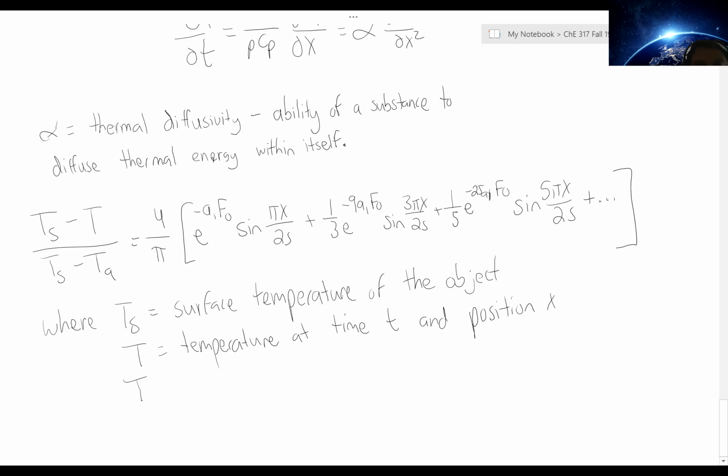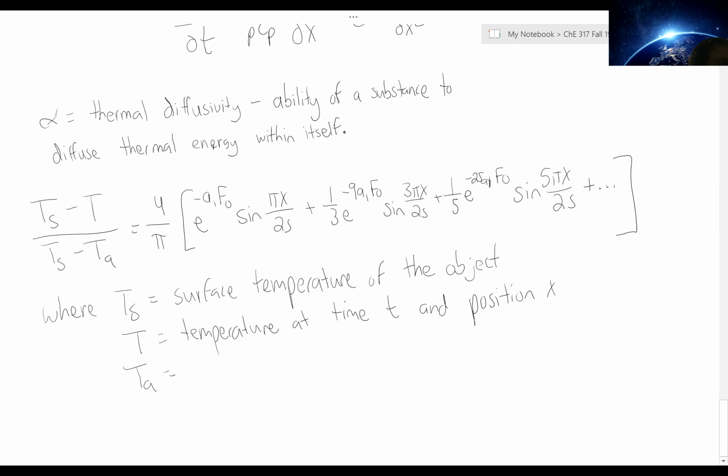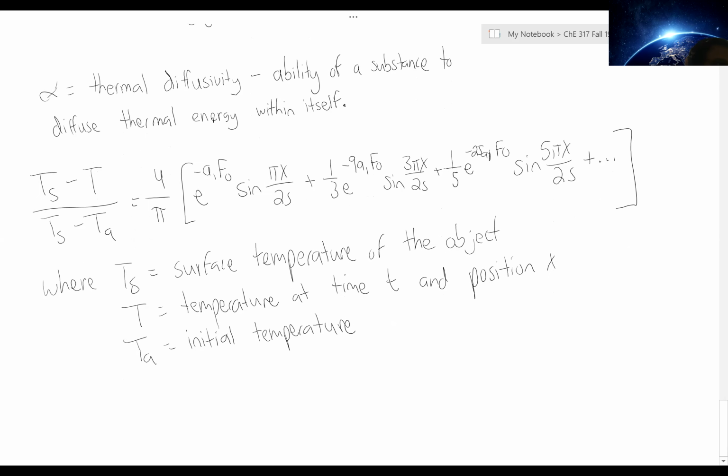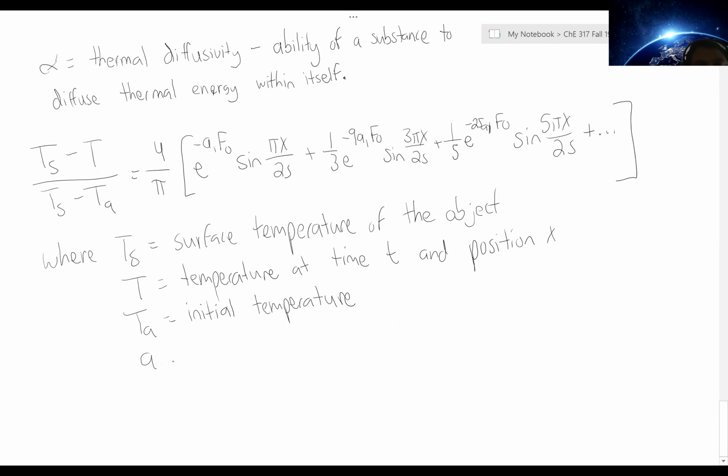T sub a is the initial temperature of the object. So A1 is simply a constant, which is pi over 2 squared, s is 1/2 of the object's thickness.